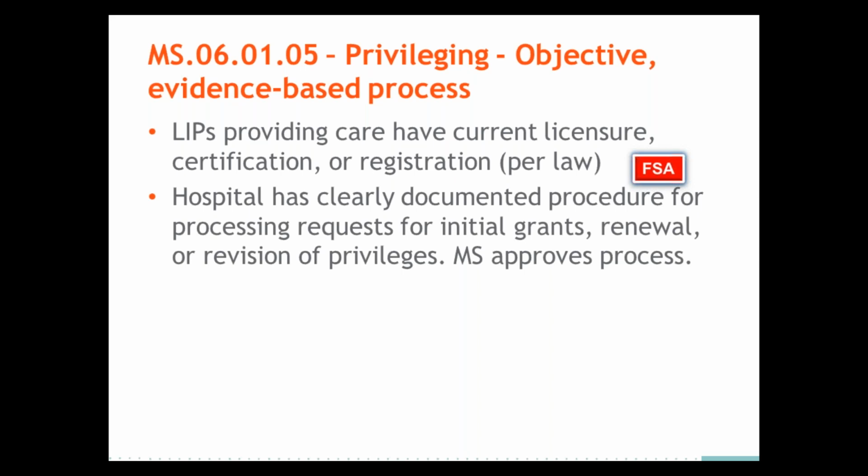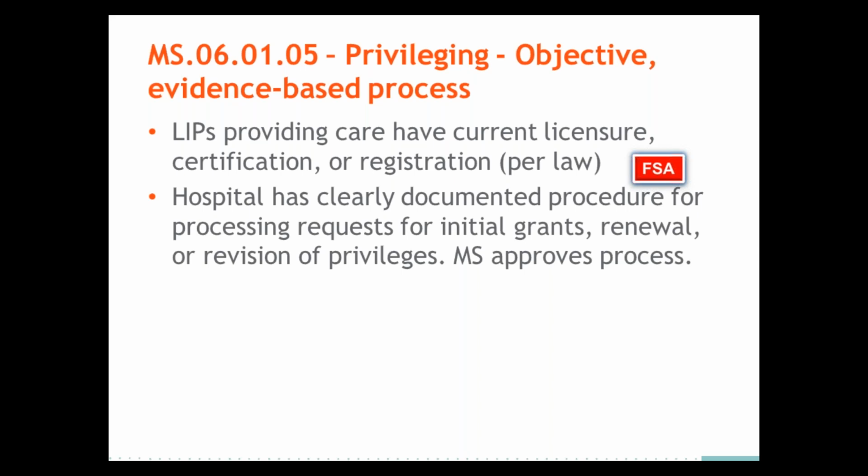Some of them say the medical staff has to do something. So there's a delineation within the standards of who has responsibility for some of these functions. So, they do require that the hospital has this procedure for processing requests for applications for privileges, and that process has to be approved by the medical staff.